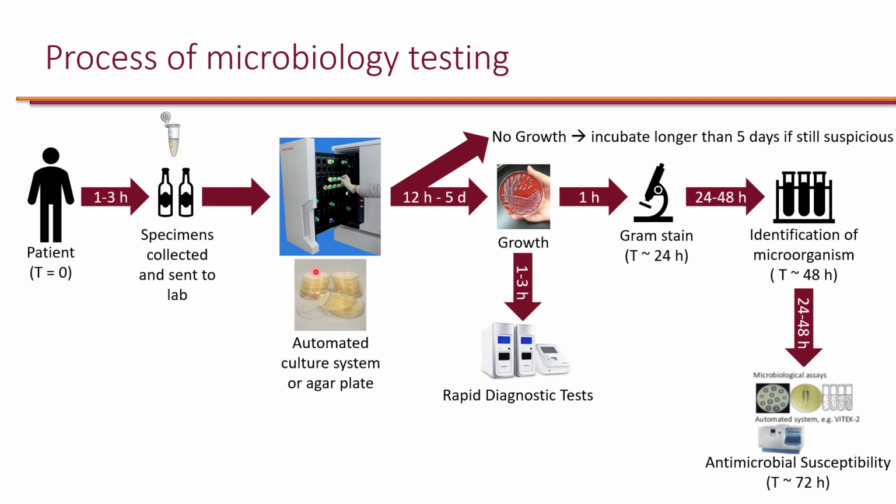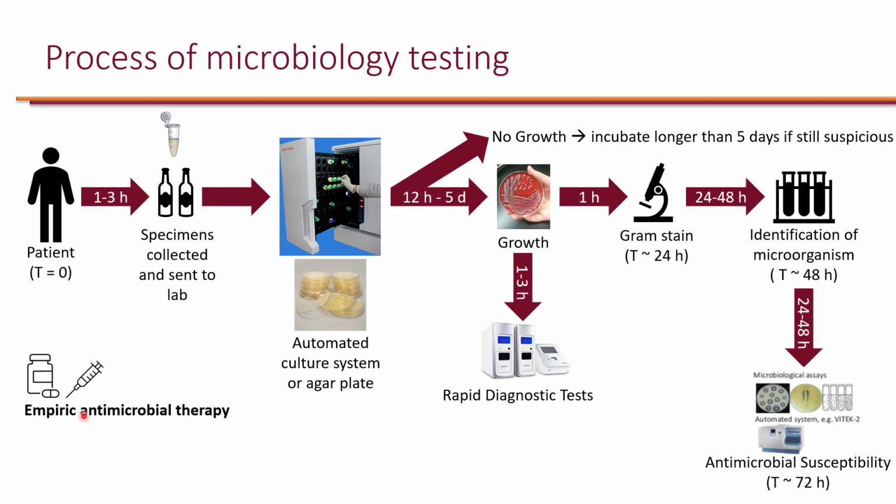Now, what happens in parallel to this process is what we do to treat the patient, because we're not going to wait for this process to complete and then start treating the patient, because the patient could die by day 3 when we find out exactly what antibiotic will work. So initially we do empiric antimicrobial therapy.